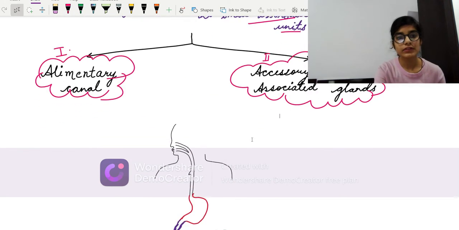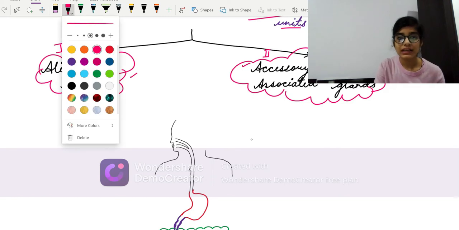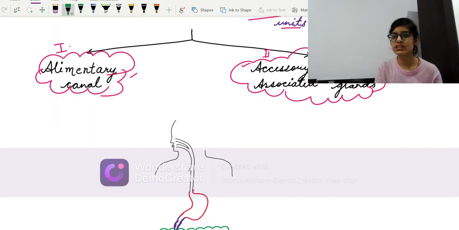So the first part of the human digestive system is the alimentary canal, and the second part is accessory organs or associated glands. So what is the alimentary canal? As we all know, we ingest food, right? We take the food with our hand, we put that food into our mouth. That is called ingestion.